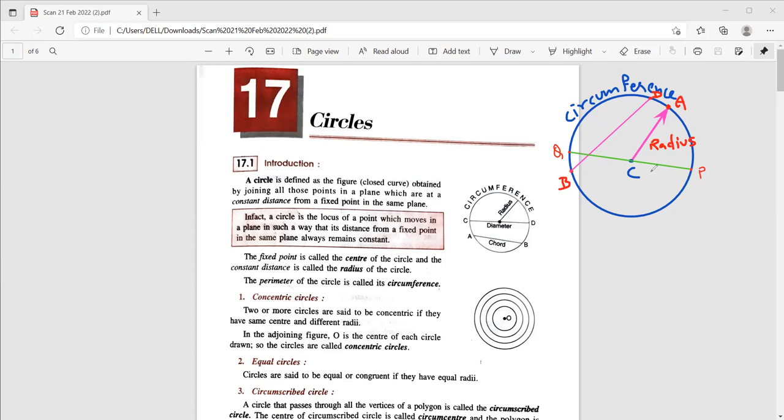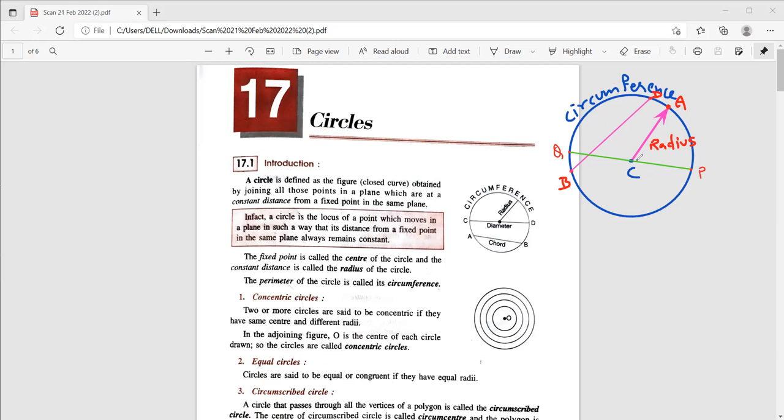So is PQ also a chord? Yes. As BD is a chord, PQ is also a chord, but PQ is a special chord, because it is passing through the center of the circle. Such a chord is the longest chord. You call it the diameter. So PQ is the diameter.